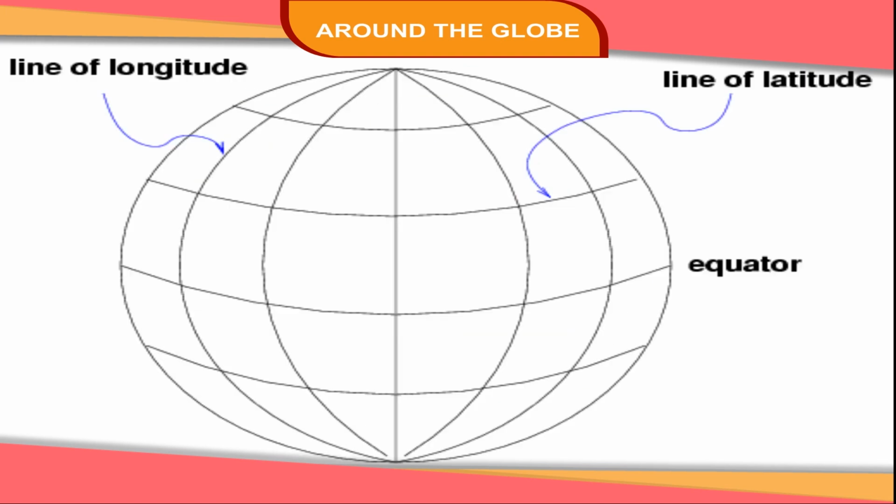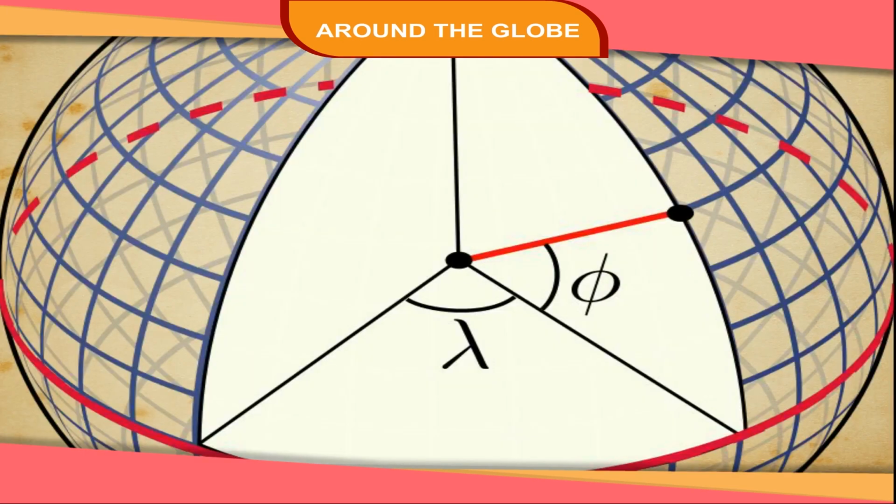There are 2 sets of lines drawn on the surface of the globe. The full circles that run from east to west are called the lines of latitude. The semicircles that run from one pole to another in a north-south direction are called the lines of longitude. The lines of latitudes and longitudes cross each other at right angles.